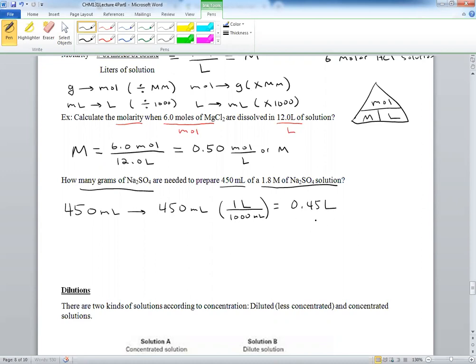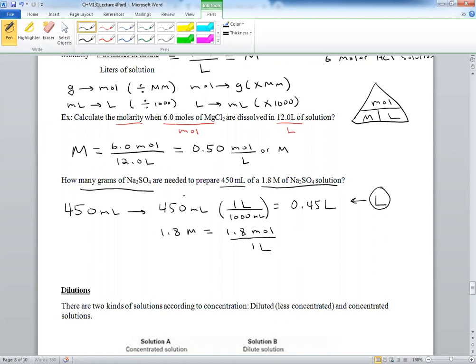So we have our liters ready. We have our molarity, and our molarity in this case is 1.8 M, which means 1.8 moles over 1 liter.